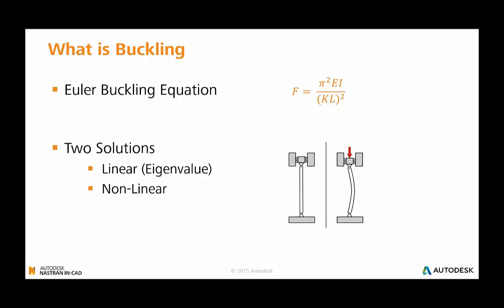So these are the real critical elements in understanding buckling of our designs. Today we're going to be looking at the two most common solutions for analyzing it: the linear, which looks at the eigenvalue, and nonlinear analysis of buckling.